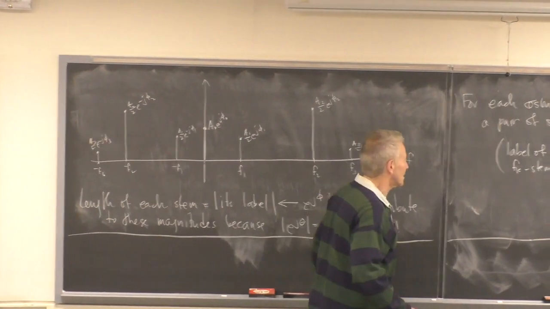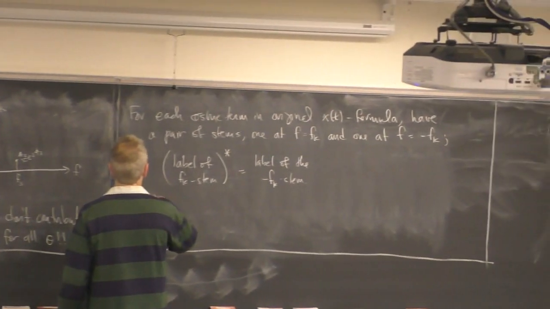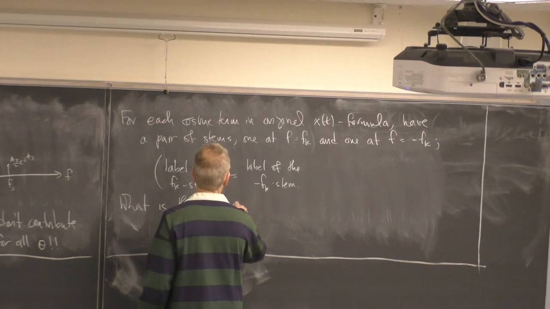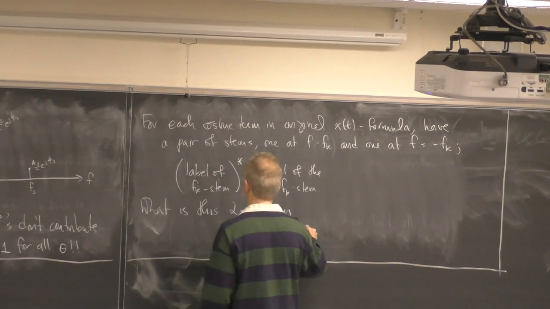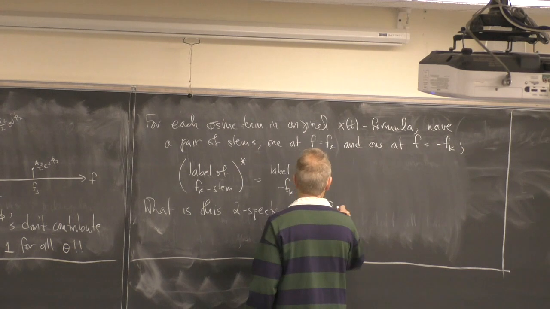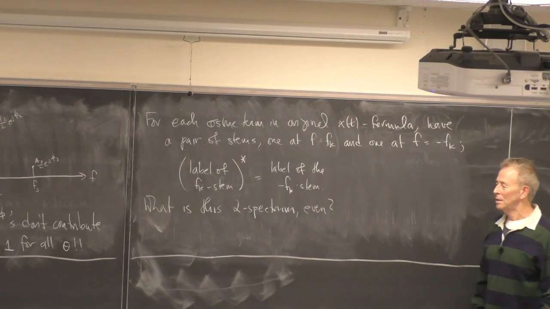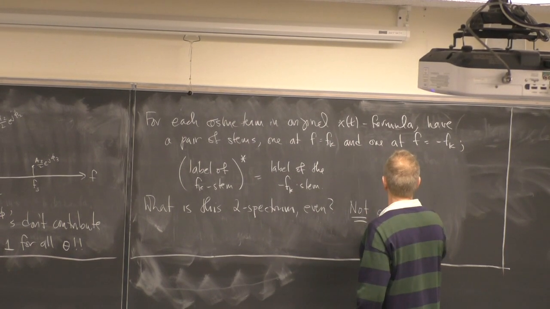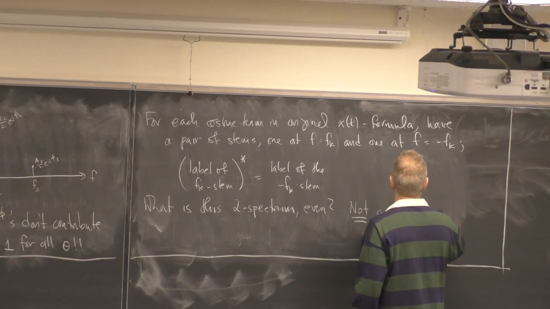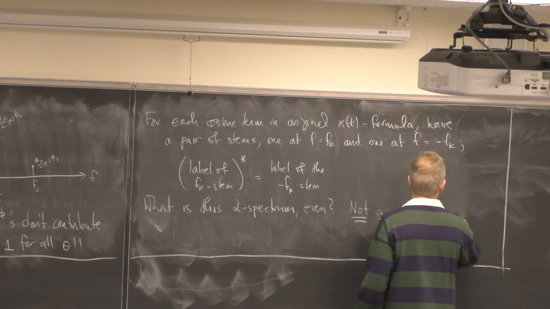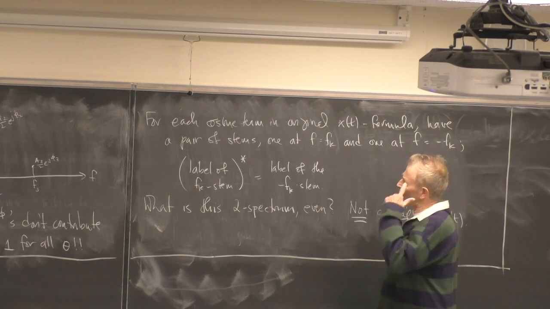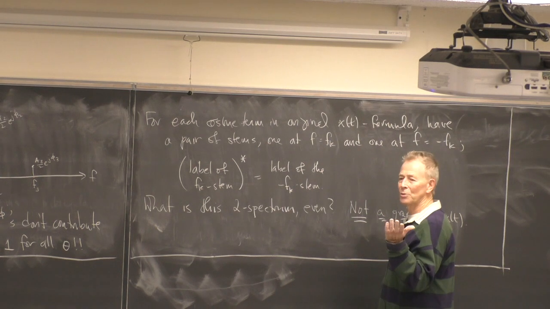So what is this two-sided spectrum? It's not a graph of x of t. Emphatically, it's not a graph of x of t. However, it exhibits all the parameters that you need to describe x of t.